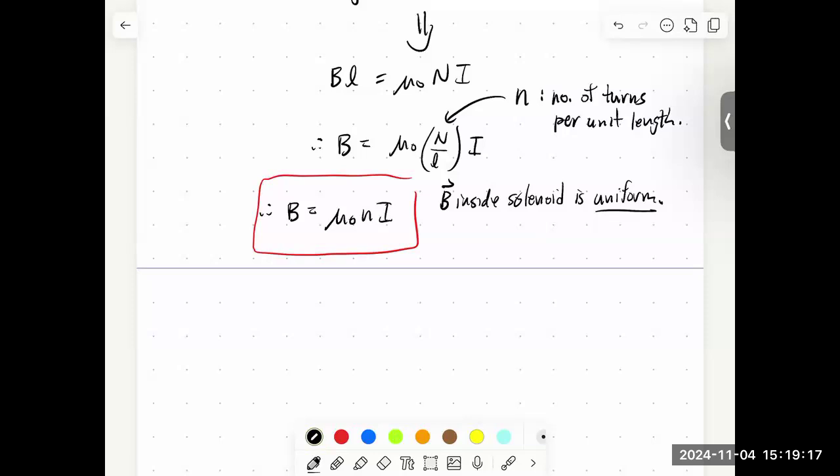And in fact, you can make quite strong fields in this way because this turn density, you can make very large. You can get very fine wire, you wind your windings really close, and then you can do multiple layers. And so your density of turns could be almost arbitrarily large. And so you can get very large magnetic fields in this way.